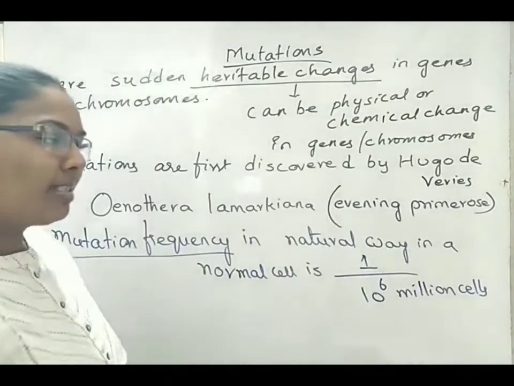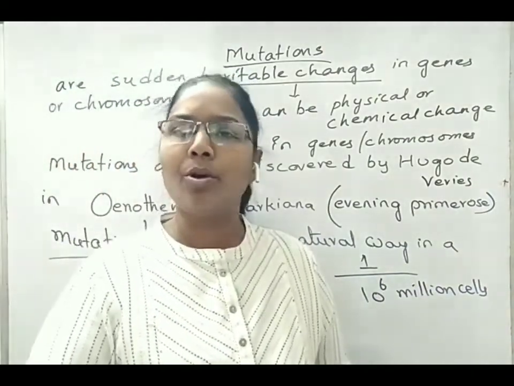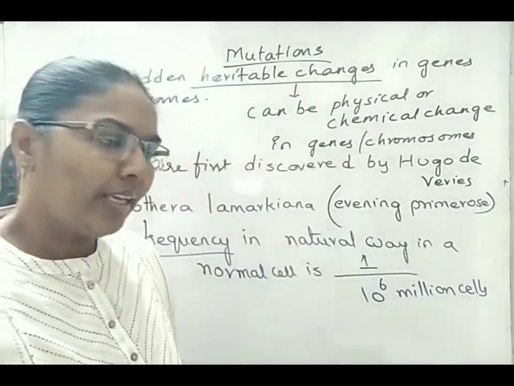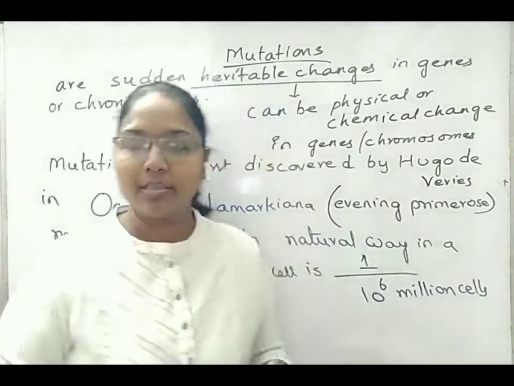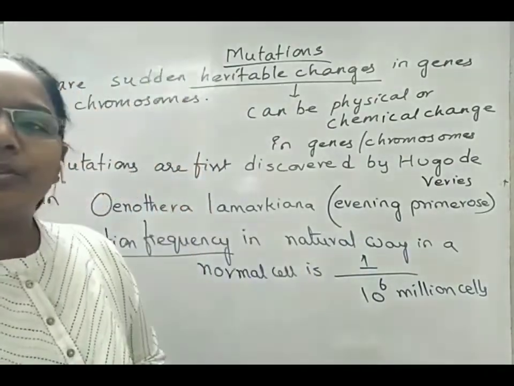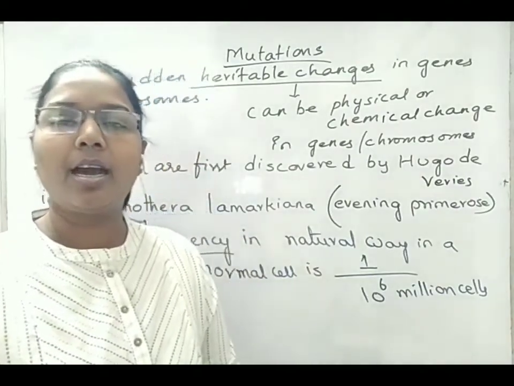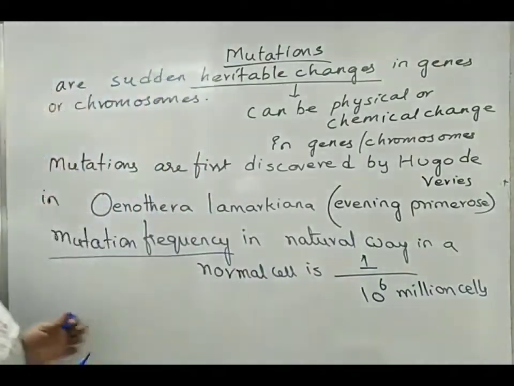Then there are some other types of mutations that are happening because of some chemicals or some radiations. So we can say that there are some substances that are causing mutations. So what is the name of those substances? The substances that cause mutations are called mutagens.